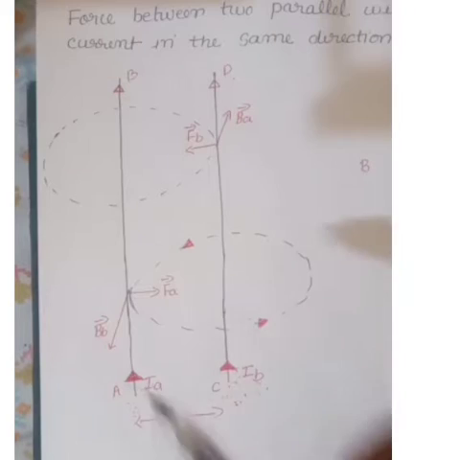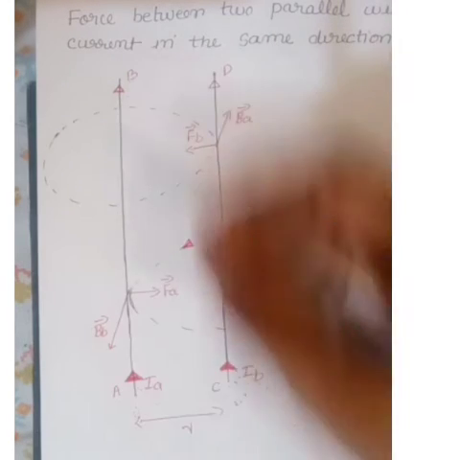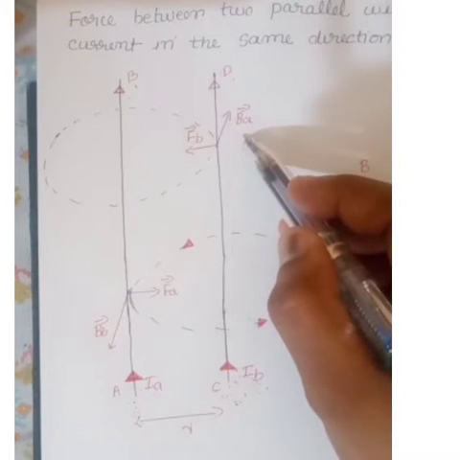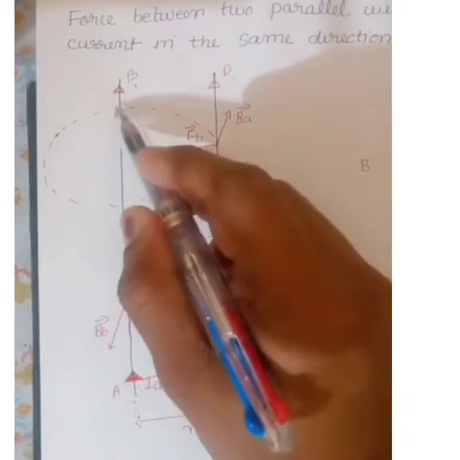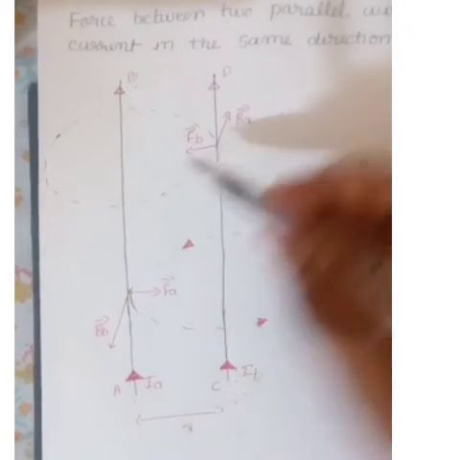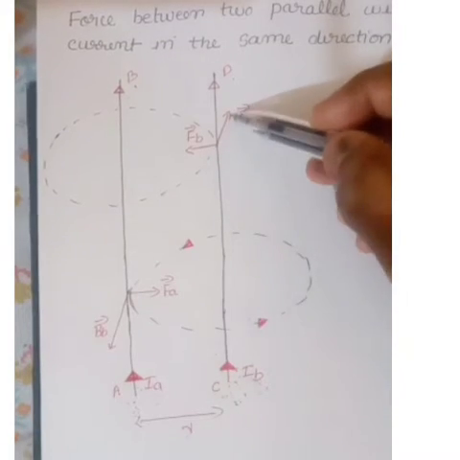First, the conductor AB develops a magnetic field BA. Its magnetic field is a circular loop, and its direction is tangential.